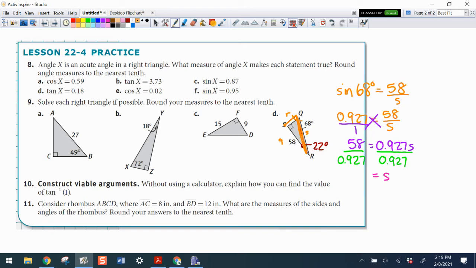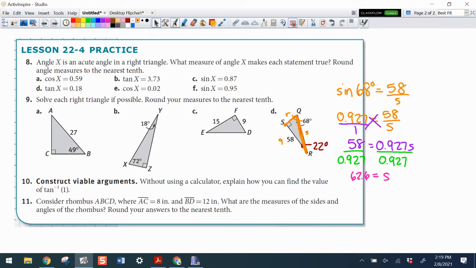Rounded to the nearest tenth, that is 62.6. So the length of our hypotenuse is 62.6, and we don't have any units, so we could just call it units.